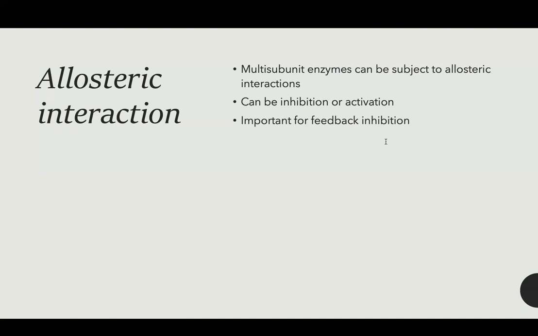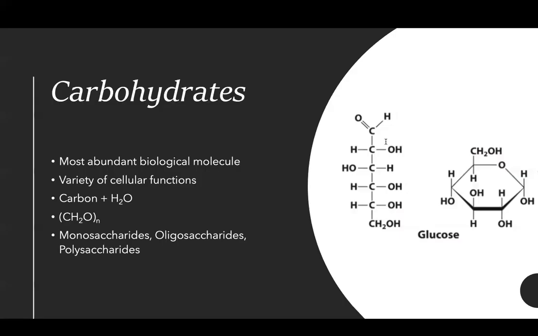All right, jumping into the next section, carbohydrates. So carbohydrates are the most abundant biological molecule. We also know them as sugars or saccharides, and they have a variety of cellular functions. Usually that would be energy storage, structure, communication, or they can be used as precursors for other biological molecules.